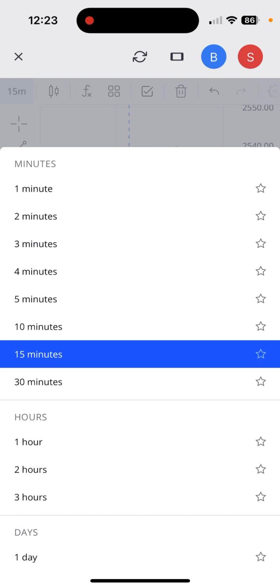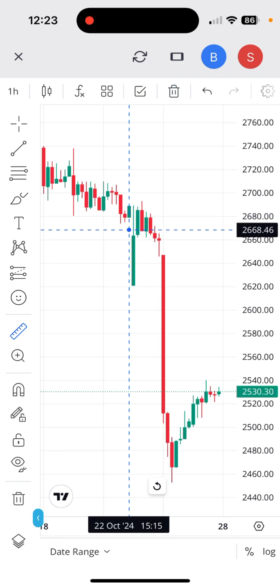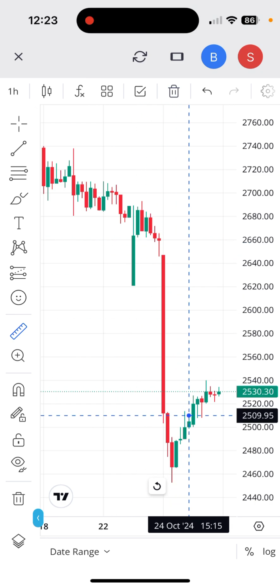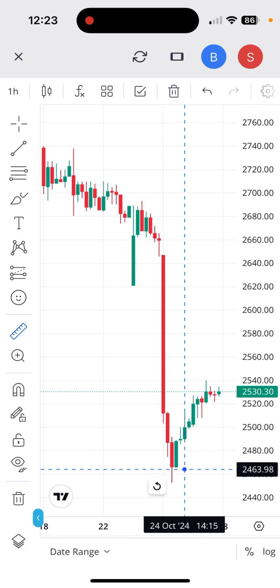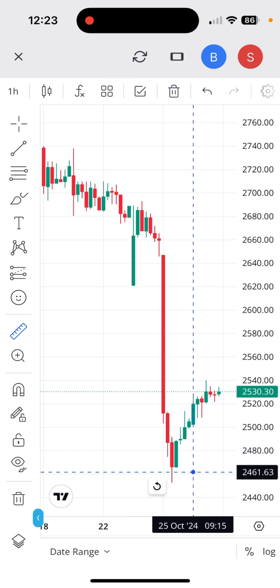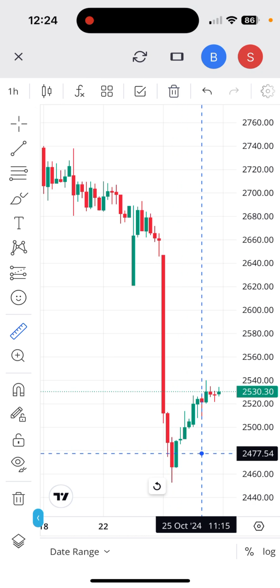But which put would we have sold? That will depend on the 1 hourly chart. It's like 24,000, because we are talking about the previous one, so we will not consider that. We will consider the previous lows.